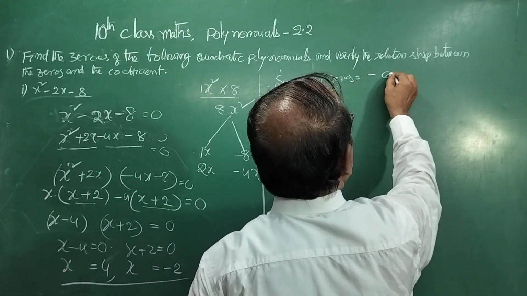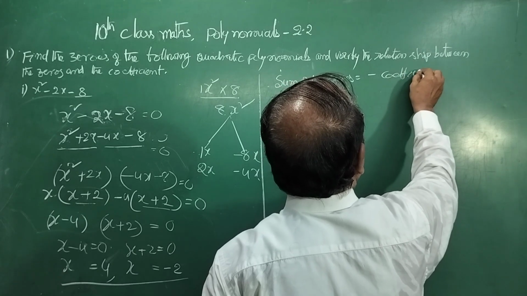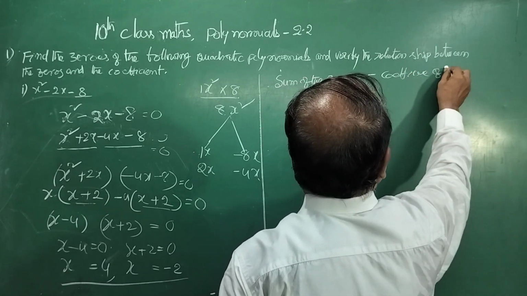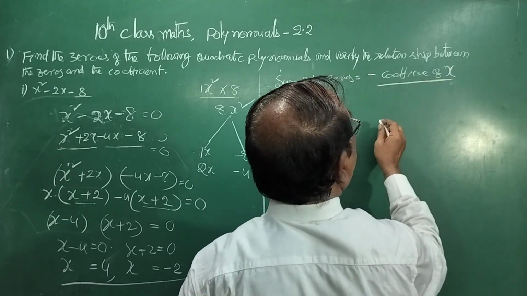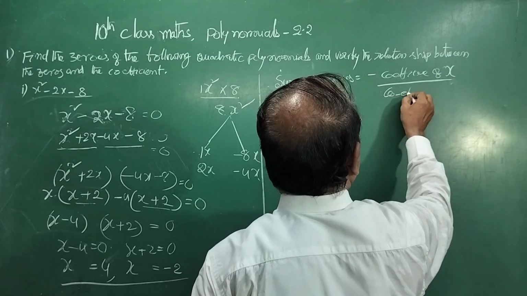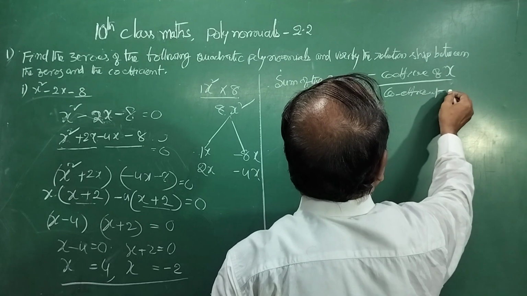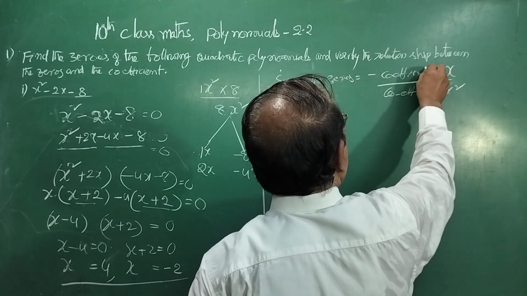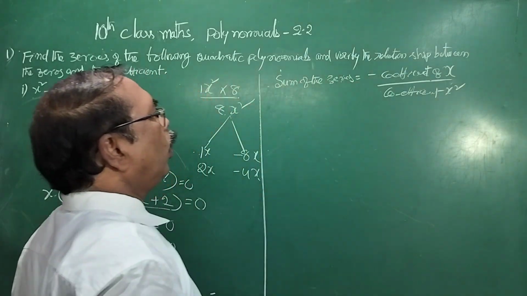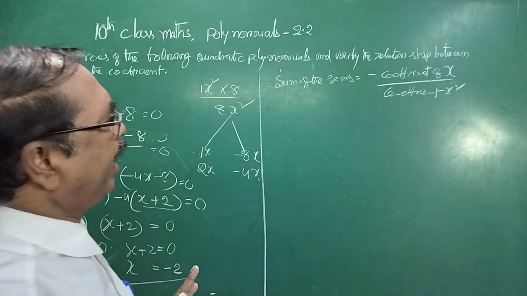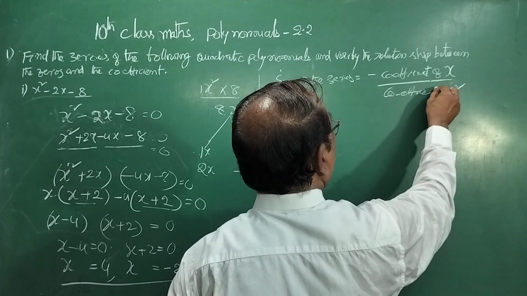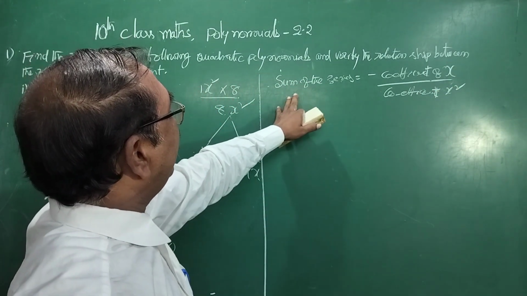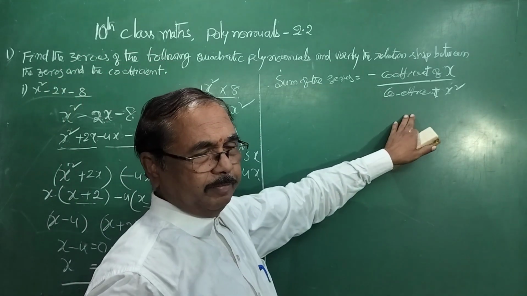Minus coefficient of x by coefficient of x square. That is the formula for the sum of the zeros.